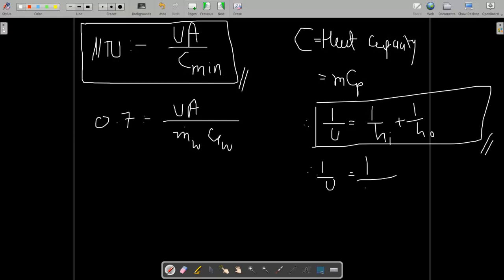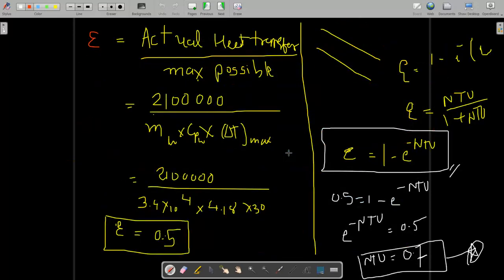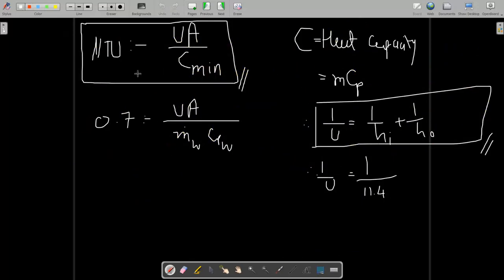So we will take 11,400 watt, and 8018 watt. We will convert into kilowatt because we are taking all the units in kilo. So 1 upon 11.4 plus 1 upon 8.018.